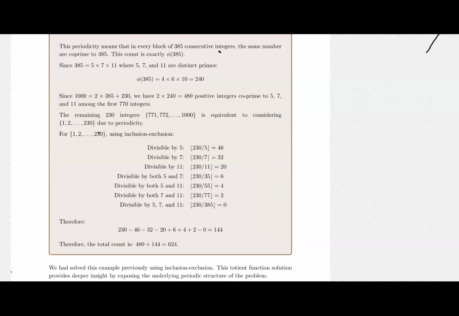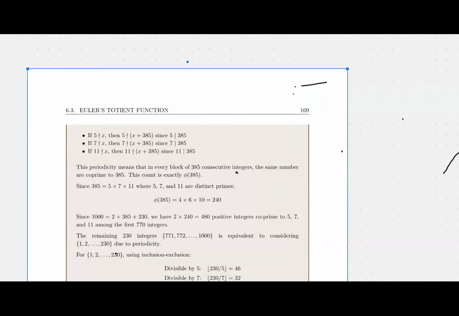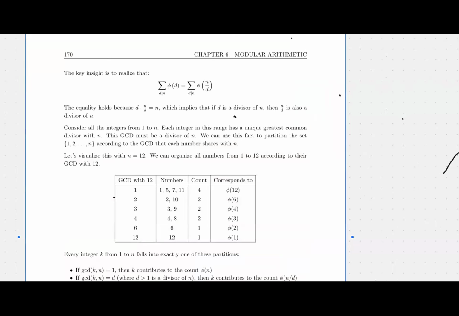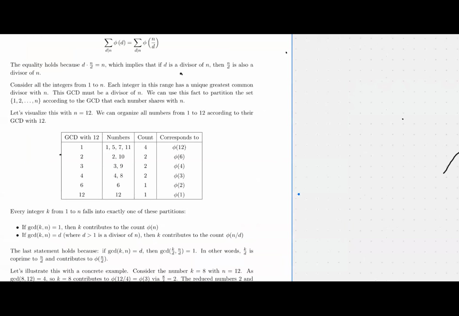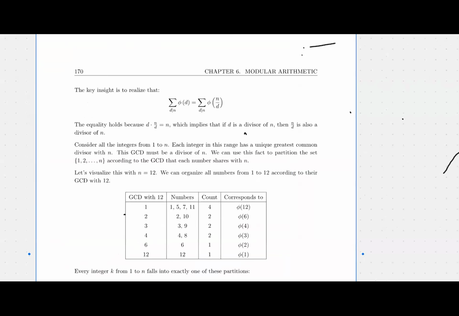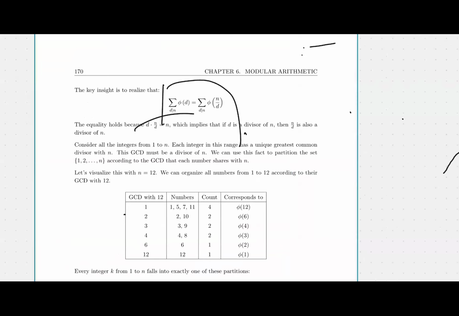Okay, so now let's come to this important theorem. What does it say? Given a number n, let's look at all the divisors d of n. Let's assume 12.